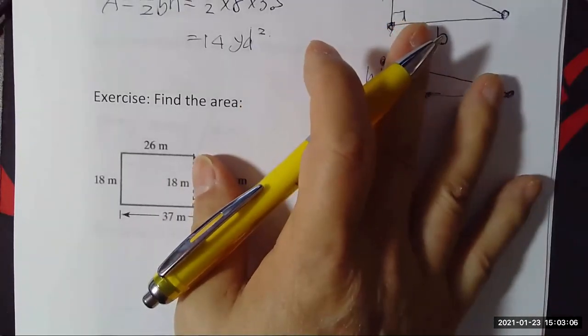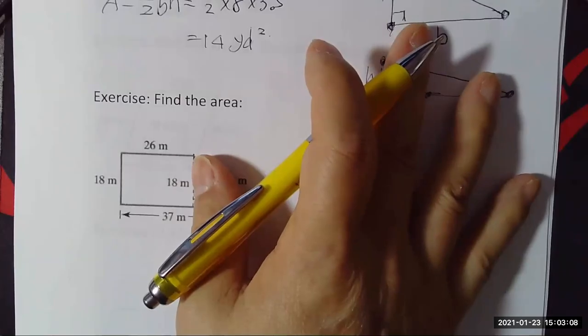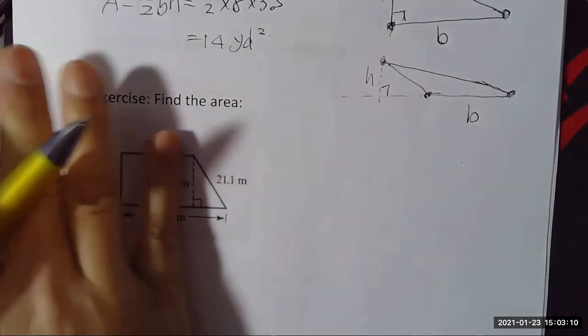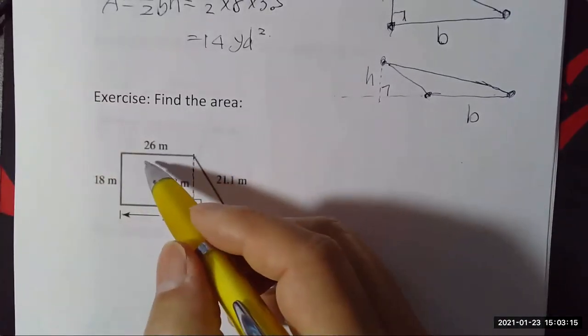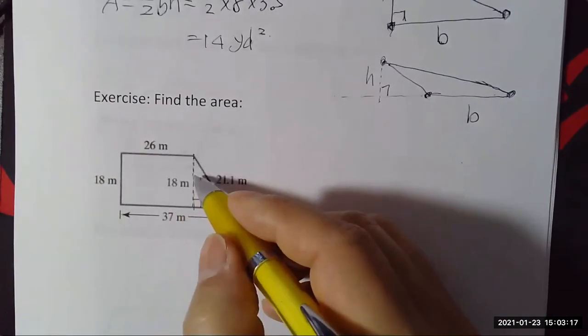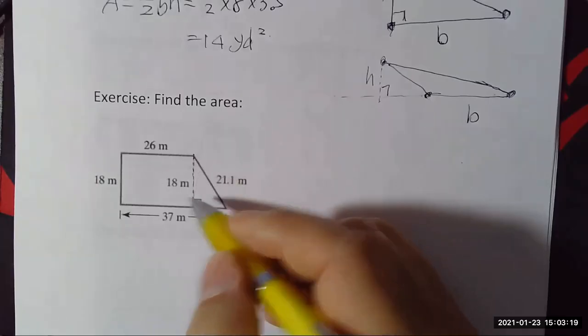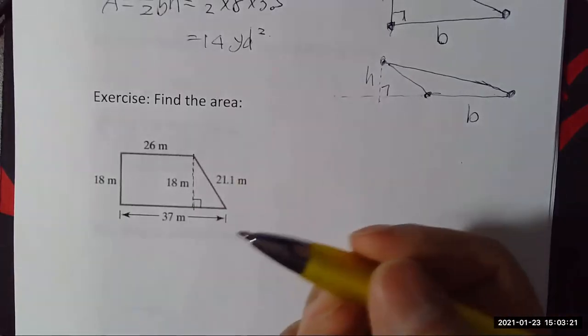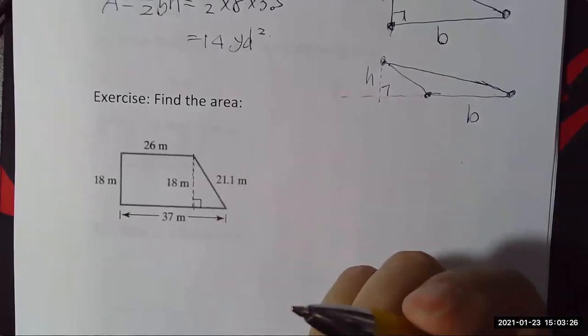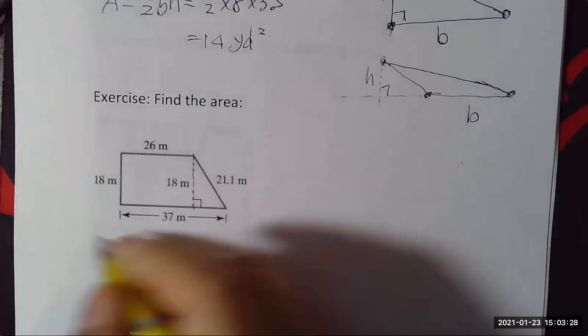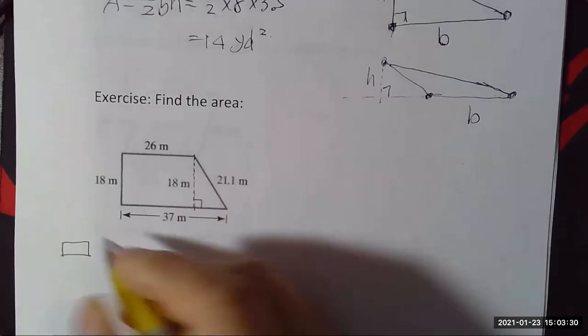Then we know length times width, right? We can calculate the area of this rectangle. On the right-hand side is a triangle. We just learned how to do that. So we are going to calculate the area of the rectangle, then the area of the triangle, then add them up. After we learn the formula for trapezoid, we're going to redo this again to see if we get the same answer. Okay, rectangle. Let me use this symbol.